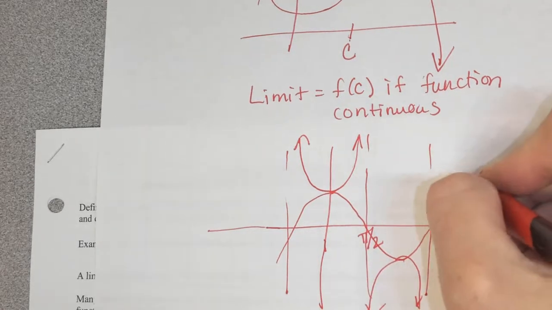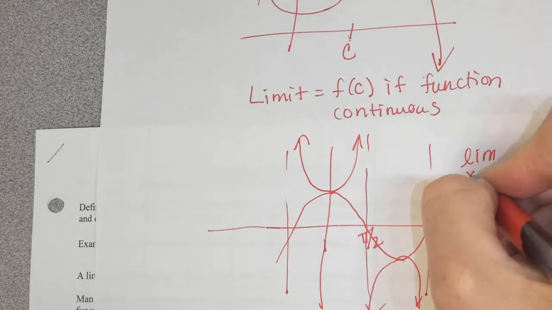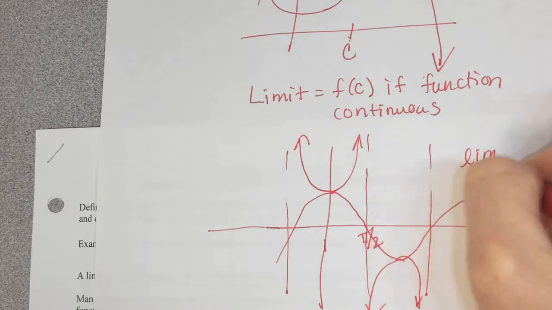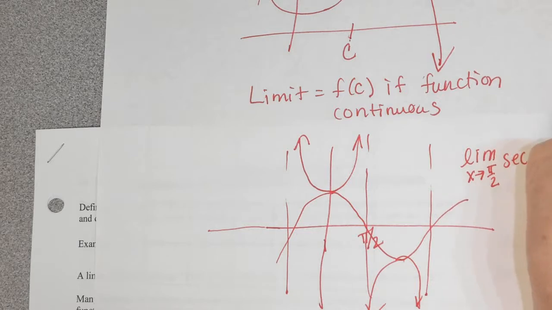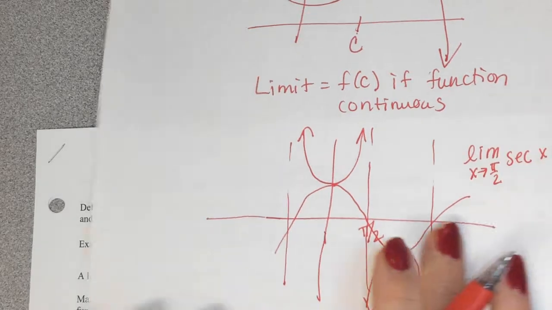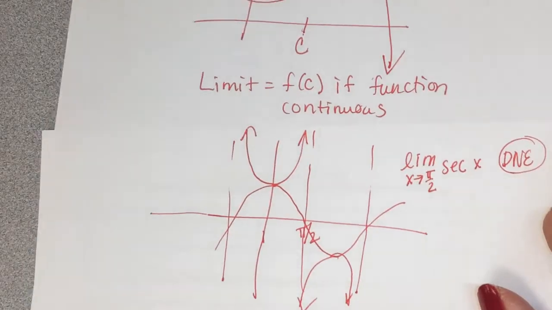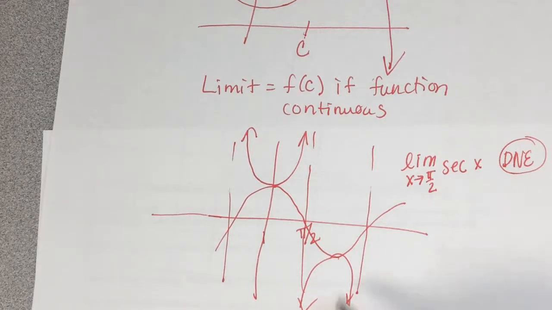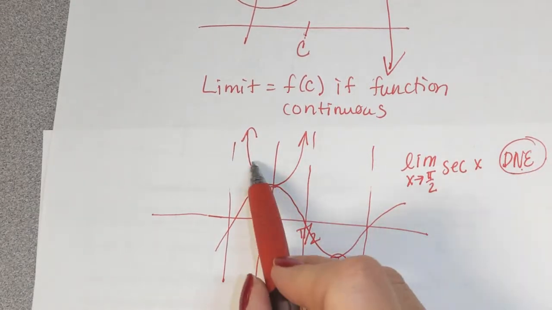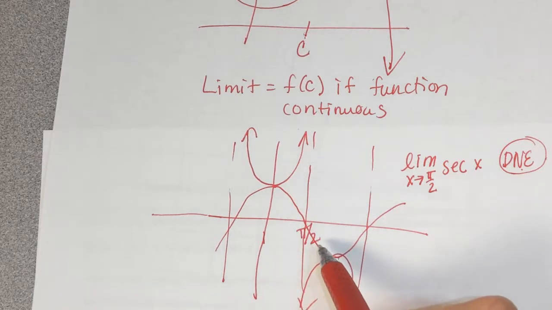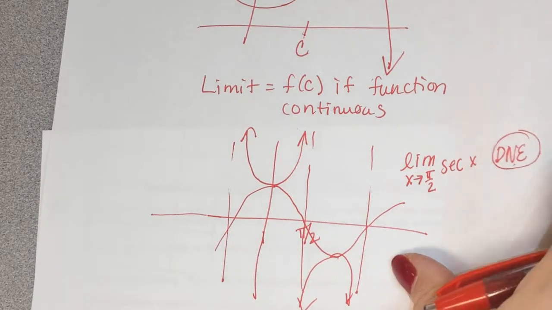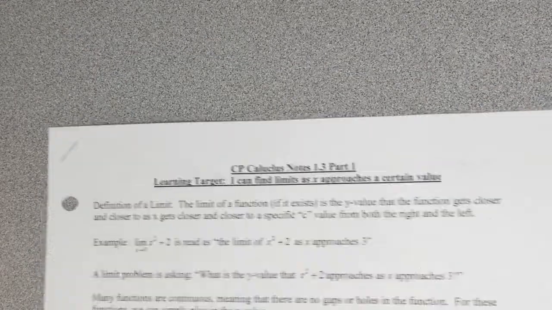For this problem, I would say the limit as x approaches pi over 2 of the secant curve does not exist. DNE, does not exist. The only time we have to worry about this is if we're approaching something where the function's discontinuous, not continuous. Okay?